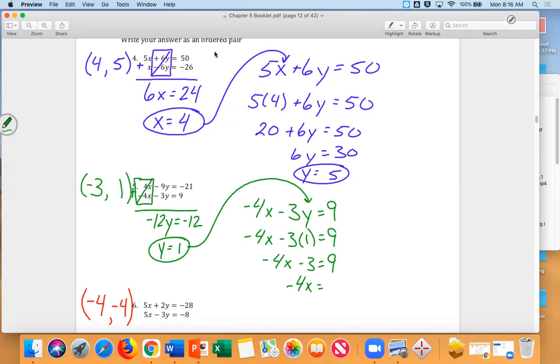Negative 4x equals 12. And that gives me x equals negative 3. I'll give you guys a second. All right.